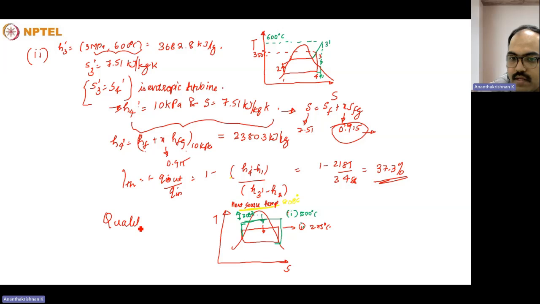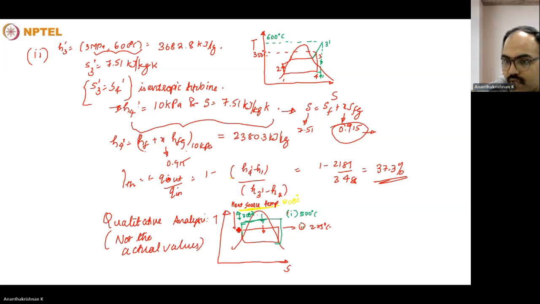It's a qualitative analysis, not the accurate, not the actual values. We have to note it. So here the difference between the source and the average temperature of the boiler is higher, maybe 525 degrees Celsius.